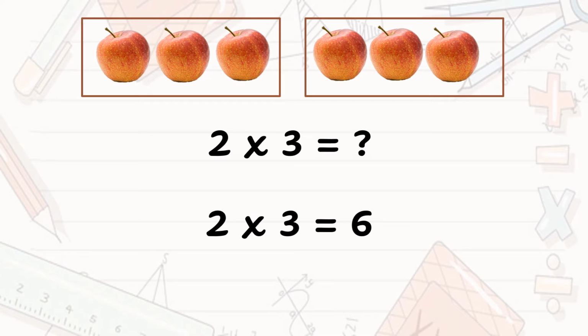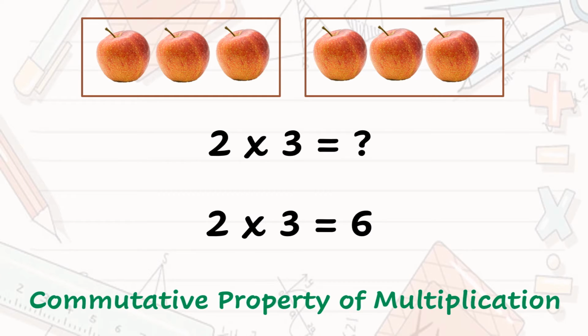Oh, the answer is the same with the expression a while ago. 3 times 2 is equal to 6 and 2 times 3 is equal to 6. It's known as the commutative property of multiplication.